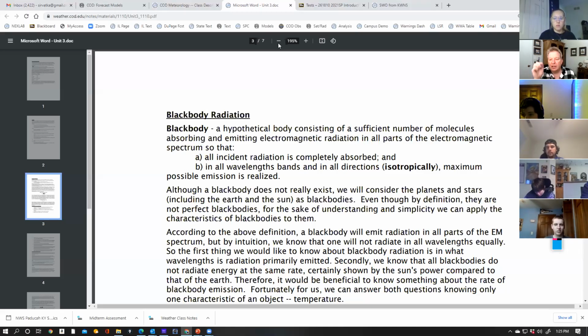You have a sufficient number of molecules that enabled you to catch the pen. Is that the way you would say it, really? Wouldn't that make everything kind of pointless? Just to say, how do you define a football? Well, it's a sufficient number of molecules shaped like a football. That doesn't make sense. So why would I put that in this definition?